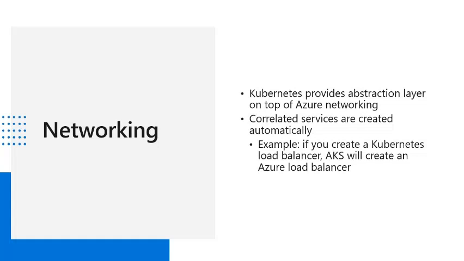So networking is also really important in AKS as in every other service, but here you have different types of network, different possibilities to handle the security and communication between your application components and your applications.